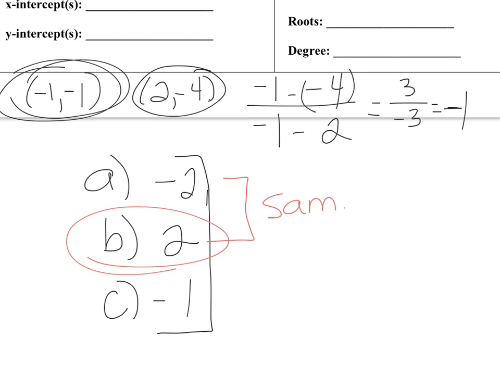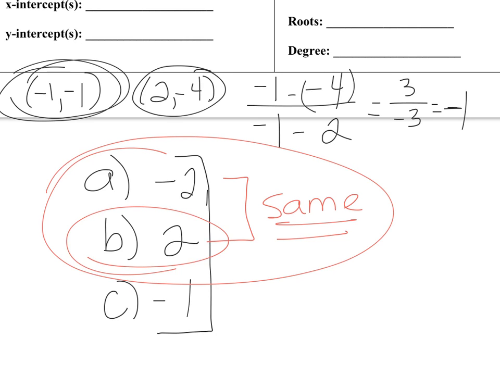So both of these have the greatest rate of change. It's like a trick question. Now listen, if I messed up with some of the math, we'll live. But they're exactly the same. So which one has the greatest rate of change? A and B have the same exact rate of change. One is going up, one is going down, but they're changing at the same rate.